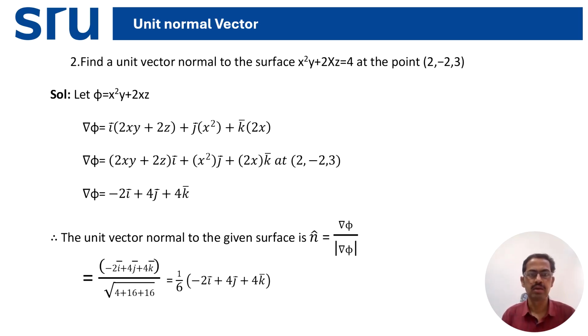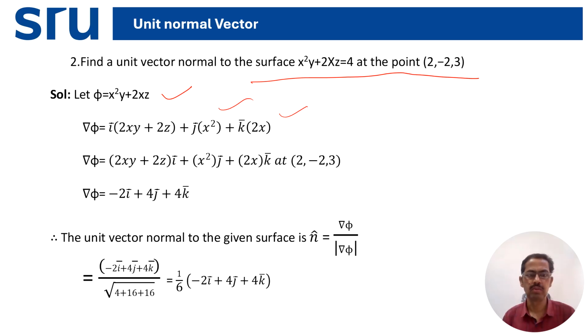Similarly, find the unit vector normal to the surface. Similar problem. So partially differentiate x square y plus 2xz with respect to x, with respect to y, with respect to z.